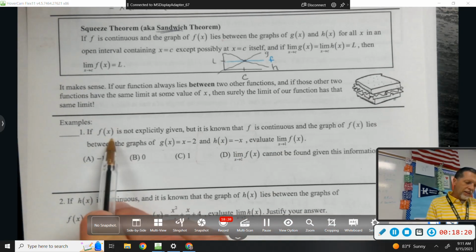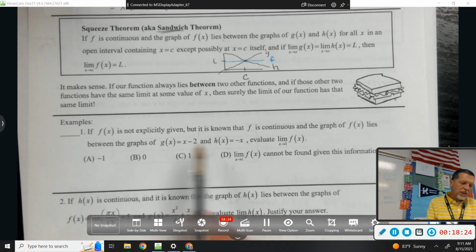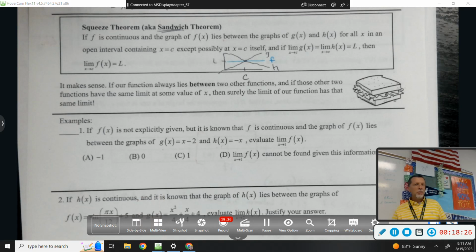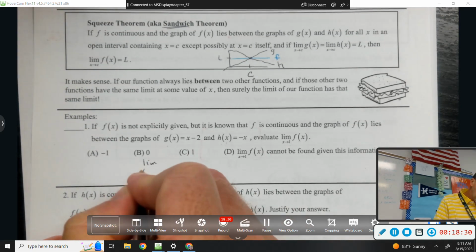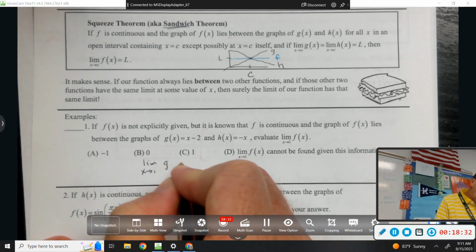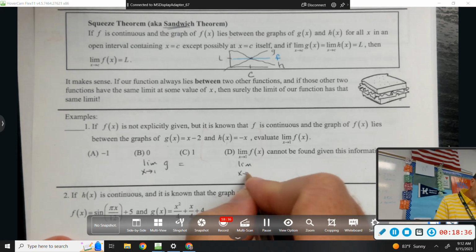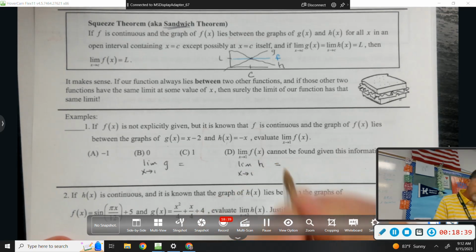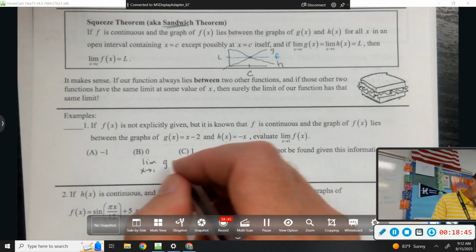Okay, well, I don't know f of x, but I do know that it's sandwiched or squeezed between g and h. So let's check the limits for g and h. And if they go to the same thing, then we'll have our answer. So all I'm going to do is substitute and hope that the substitution works.